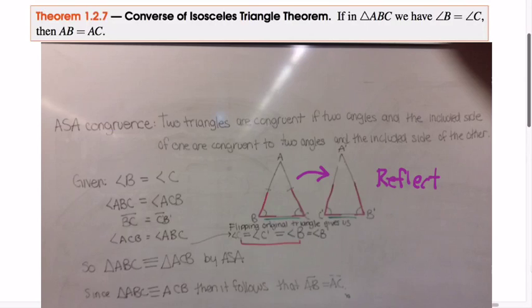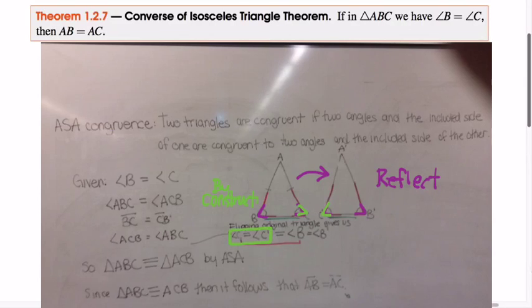But the key to this proof is that because these two angles B and C in our original triangle were assumed to be congruent, when I flip them over, we also get a pair of congruent angles here and here. And the subtlety was that the angles that we labeled C and C prime, those two are congruent by construction.